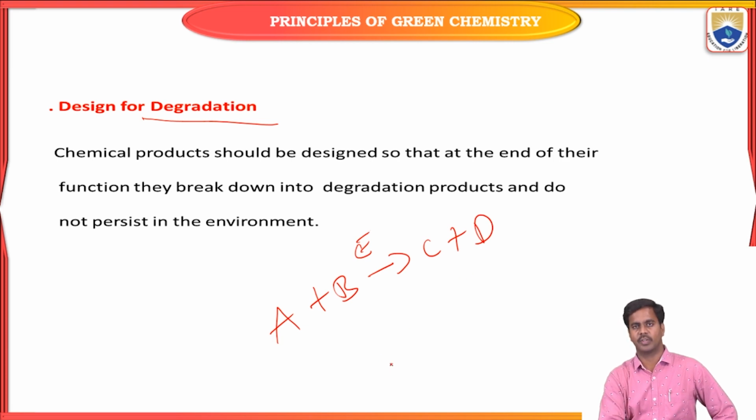So after completion of the reaction, that catalyst has to be degraded. How will it be degraded? By the attack of bacteria, fungi, etc. That is known as degradation. The reaction should be designed as a degradable reaction. So ultimately, we can minimize the hazardous nature of the reaction.